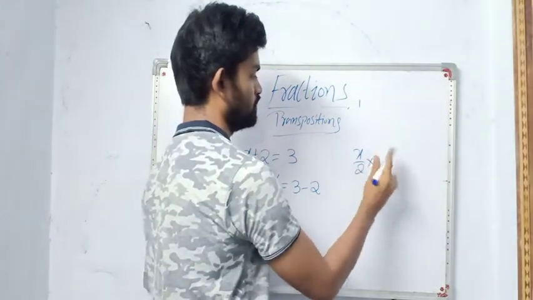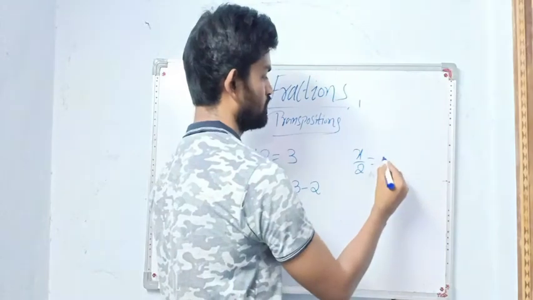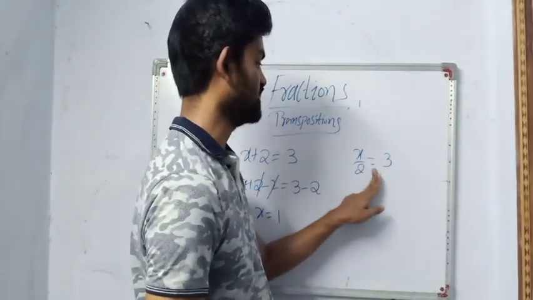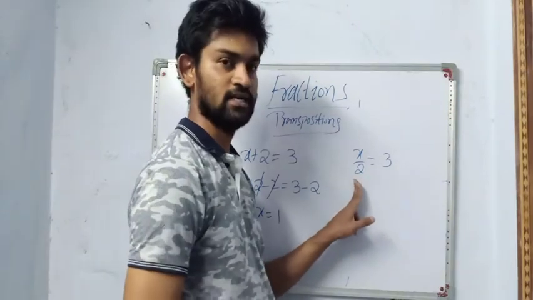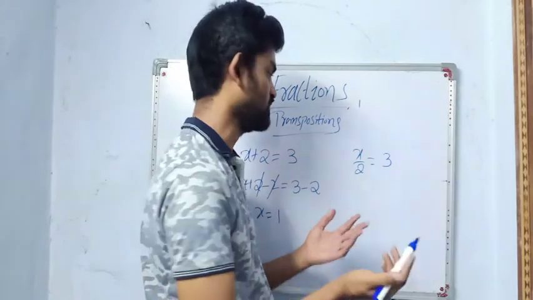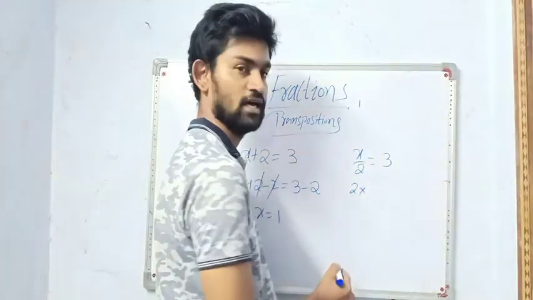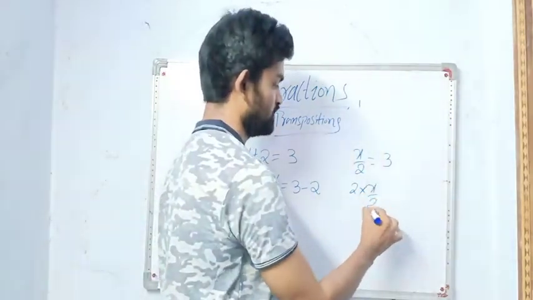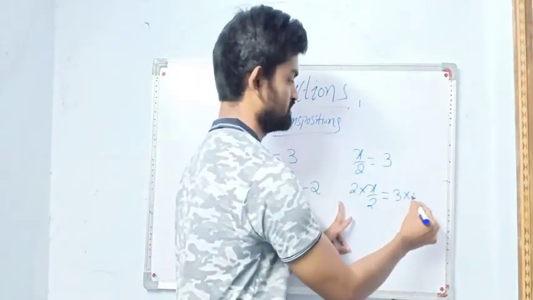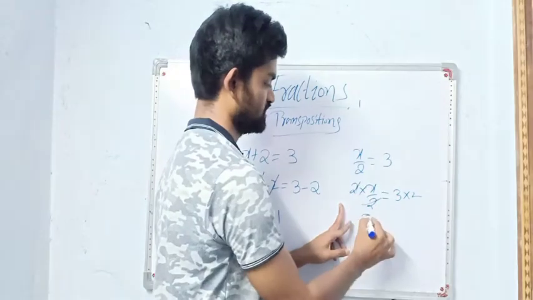Now let us see x by 2 is equal to 3. Now I want to find the value of x. See here, x is being divided by 2. Now I want to remove this 2. Then what I have to do? I have to multiply by 2. So if you multiply, 2 by 2 gets cancelled. When I multiply, I have to multiply this side also. 2 gets cancelled. x value is how much?